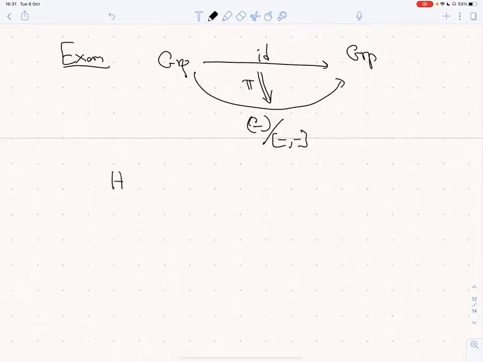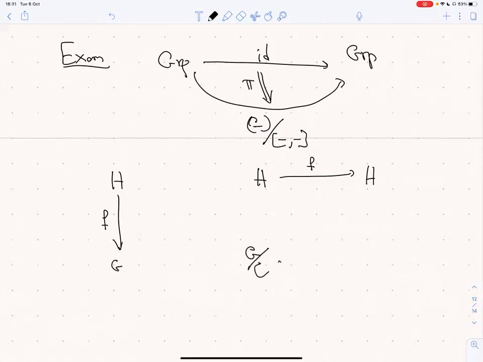But this is more or less obvious from the previous consideration, because say that you have two groups, H and G, and a morphism F. Then on the top you just get the identity, which is F. Here you get H over the commutator.